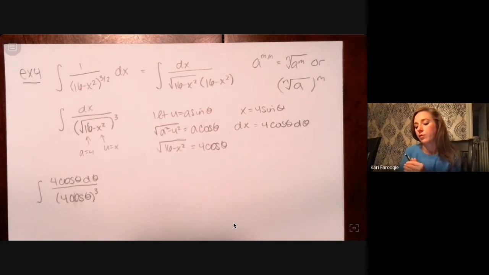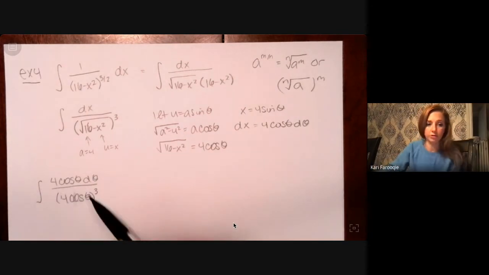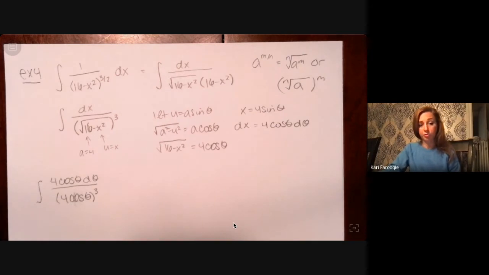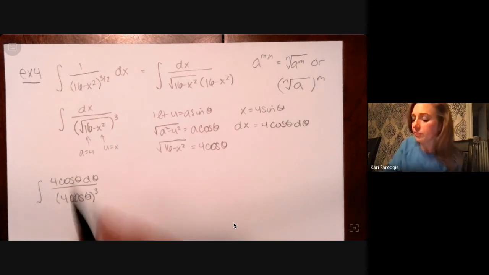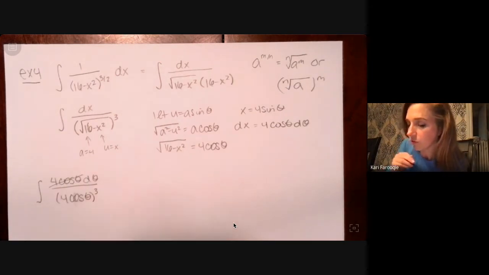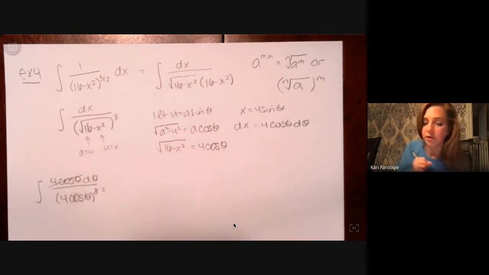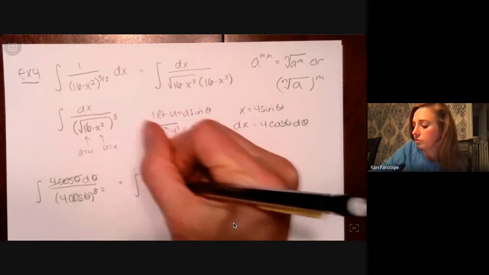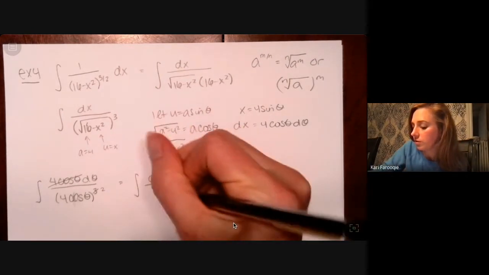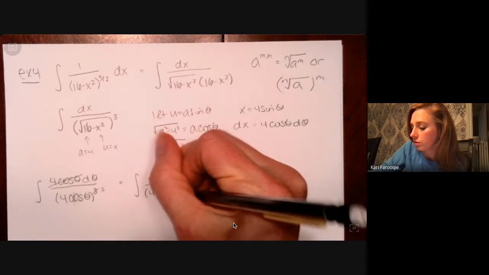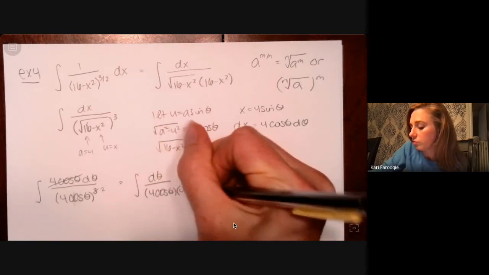Now, since we're going to have to simplify this anyway, one factor of 4 cosine theta is going to cancel out between the numerator and the denominator. So you can take out the 4 cosine theta in the numerator and take away one of them in the denominator. And now you have the integral of d theta divided by 4 cosine theta squared.